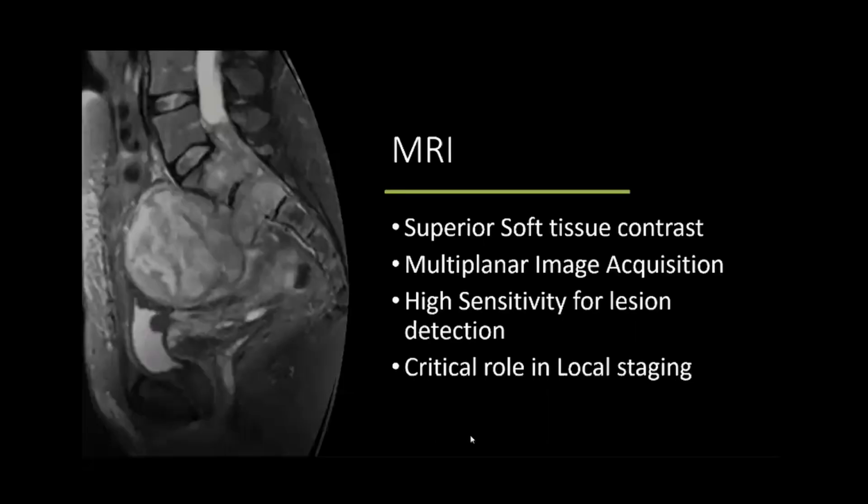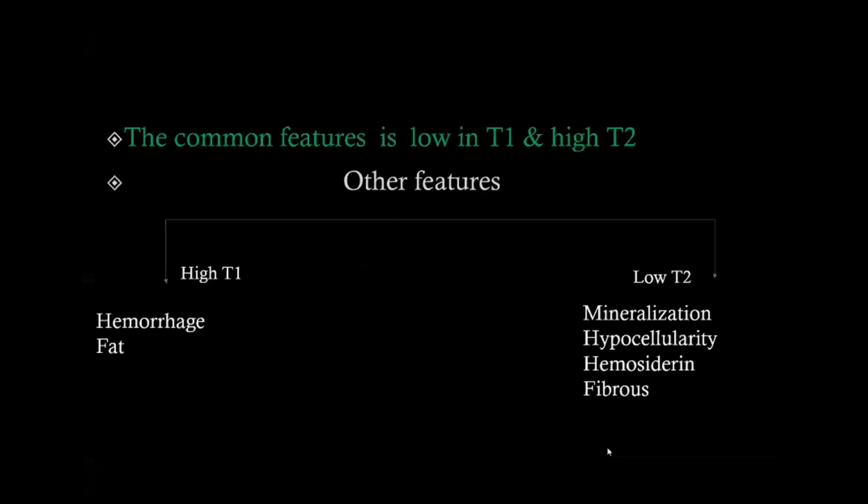The MRI has a superior soft tissue contrast, multiplanar image acquisition, high sensitivity for lesion detection, and a critical role in the local staging, especially for the skip lesions, the neurovascular involvement, and the micro involvement of the joints and the soft tissue.